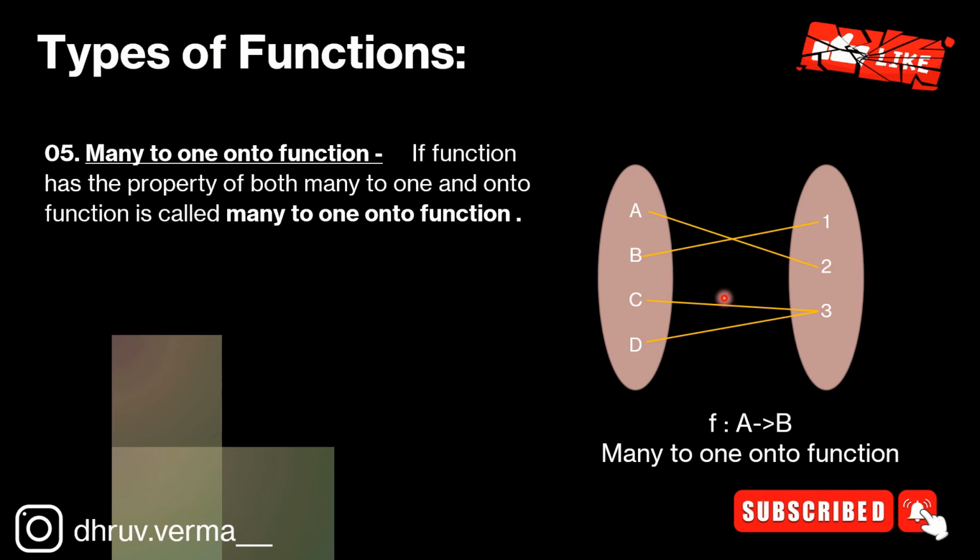The property of a many-to-one function is that more than one element of the domain is connected with the same element of the codomain. In an onto function, every element of the codomain is connected with an element of the domain. A function which consists of both properties is called a many-to-one onto function.